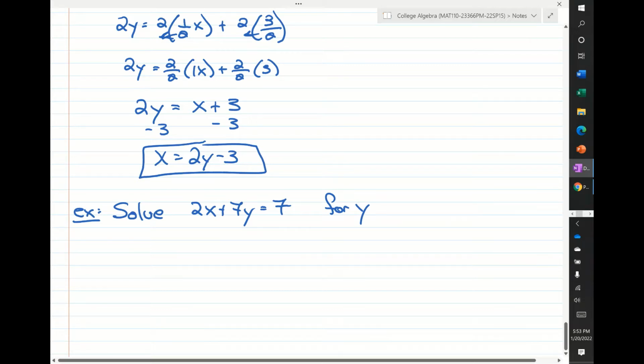We want to get y by itself. If we start from the outside, let's get rid of the 2x. All right, very good. Just get 7y is equal to negative 2x plus 7. Divide everything by 7, we'll get the y by itself. y would equal negative 2 over 7 x.